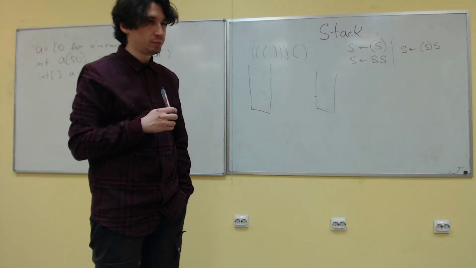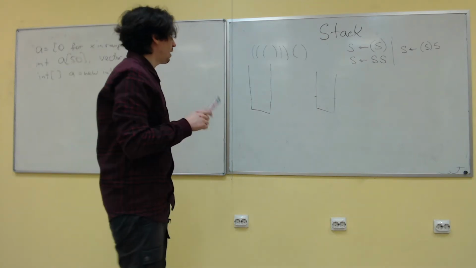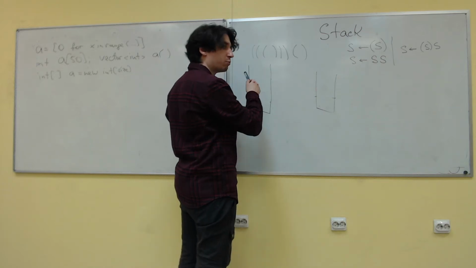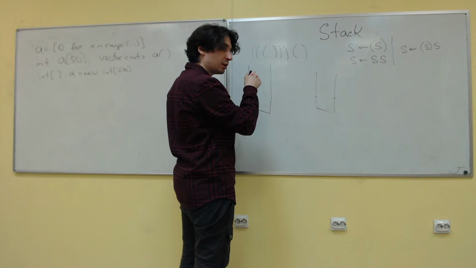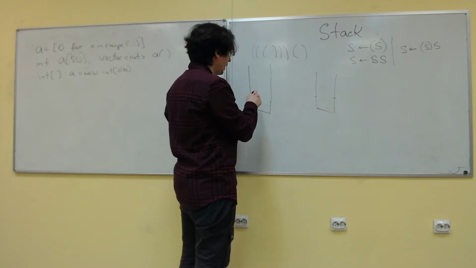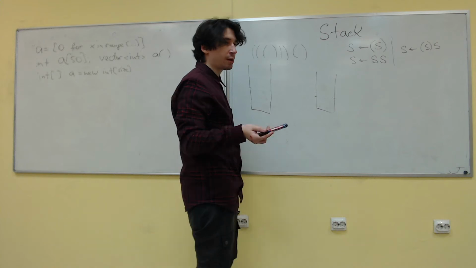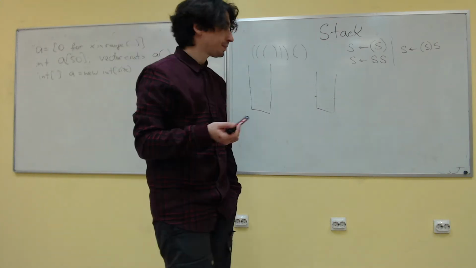We can just increment the counter with opening brackets and decrement with closing. Yeah, great. So we have a counter that counts the number of open brackets, and if it becomes less than 0, then the bracket sequence is incorrect, and if it is not 0 at the end, then the bracket sequence is also incorrect, so the number of open brackets is higher than the number of closed brackets.